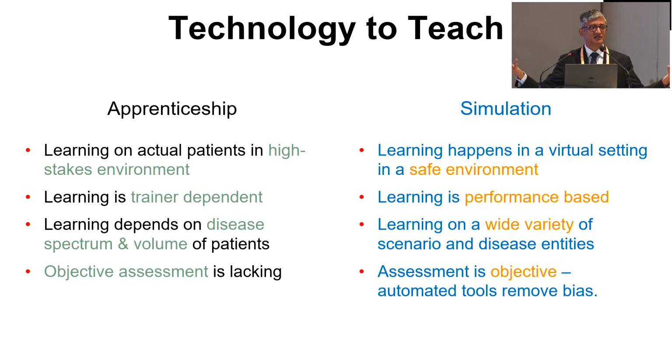The student has not learned, but in simulation you can allow them to go through it and see how they identify a complication, how they manage it, and also give them a sense of the consequences if it is not adequately managed. You can then also enhance their learning through graded exposure to difficulties and make them good over a period of time.